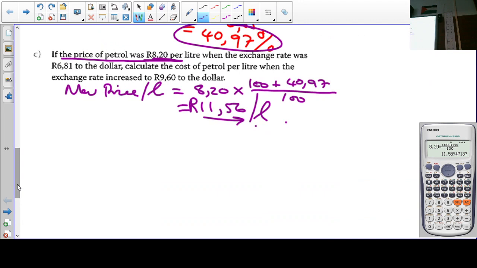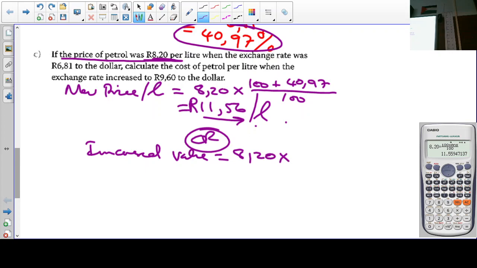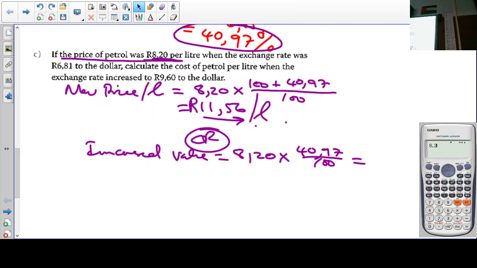Otherwise, what we could have done was, you could have worked out the increased value would be 8 Rand and 20 cents multiplied by, there's an increase of 40.97 over 100, which is 8.2 multiplied by 40.97 over 100. That gives us 3.36.